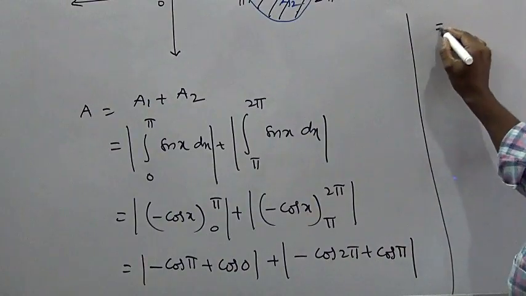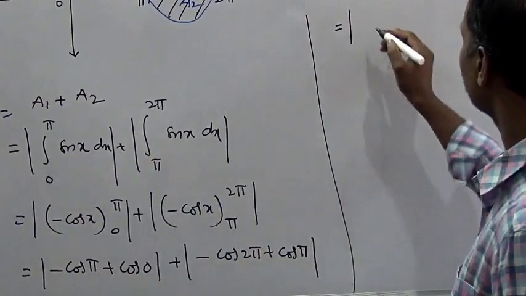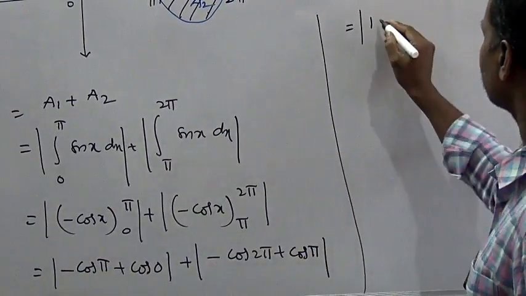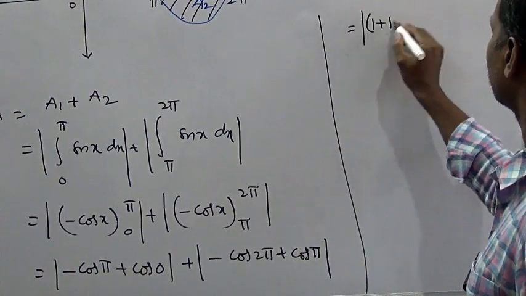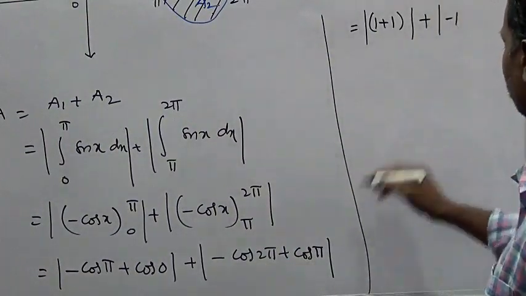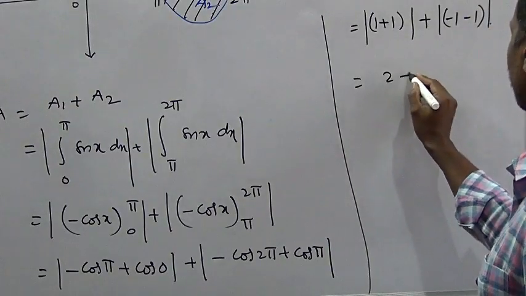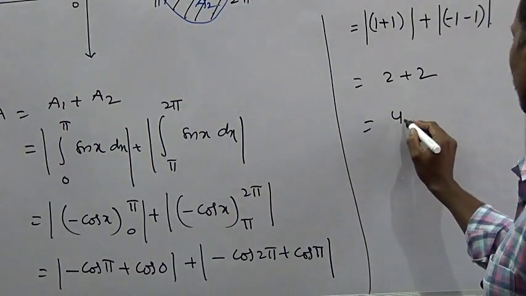So this is equal to modulus of cos pi value minus 1, minus of minus so plus 1, plus cos 0, 1, plus this is minus 1 minus 1. So this is equal to 2 plus 2, which is equal to 4.